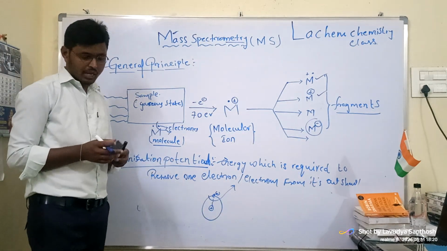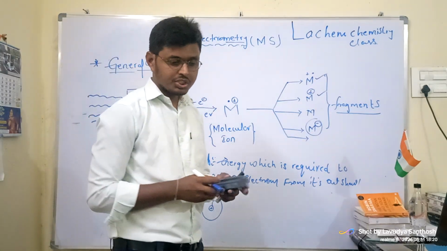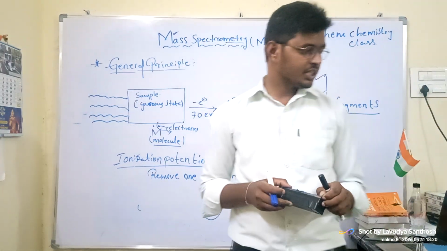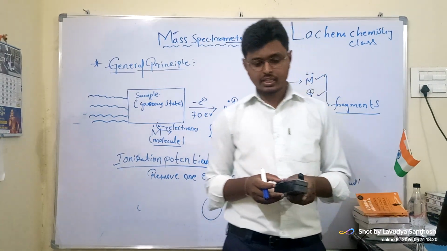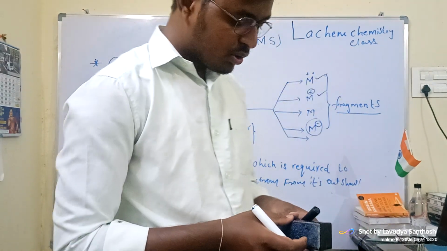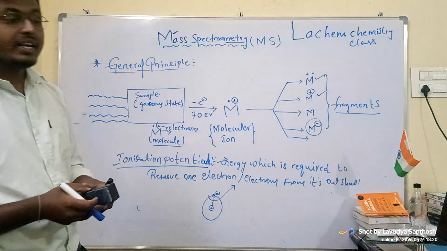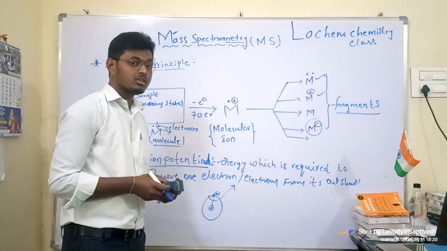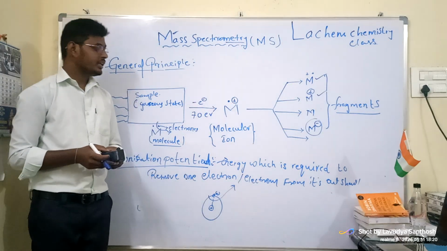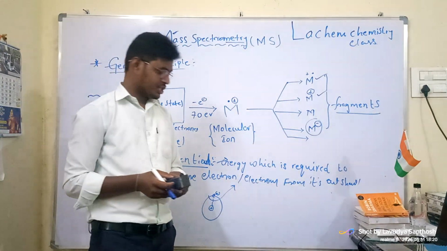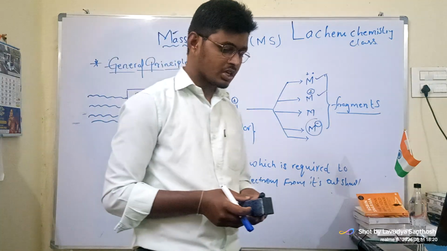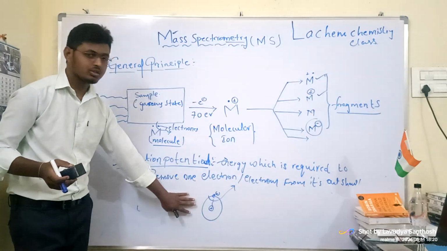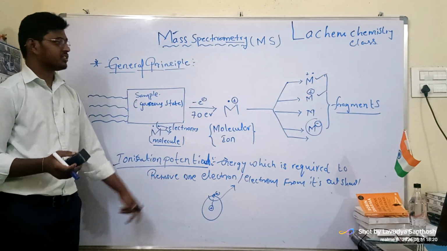Ionization potential: the energy which is required to remove one electron from its outer orbital or outer shell. That is ionization energy. You draw this picture also for your better understanding.